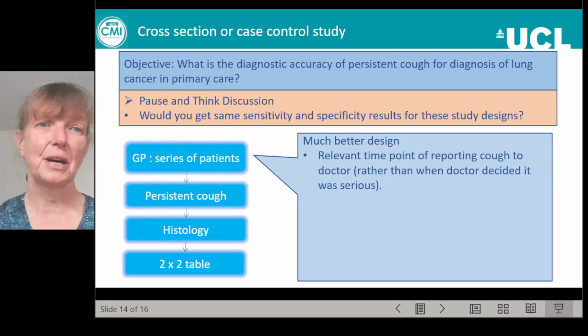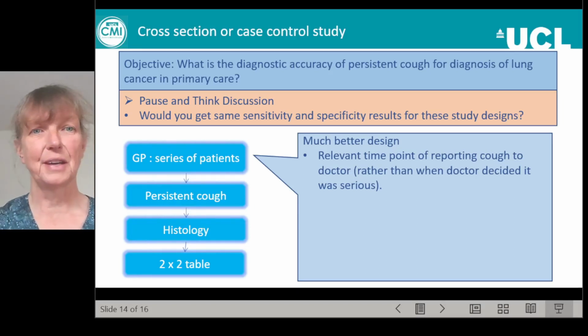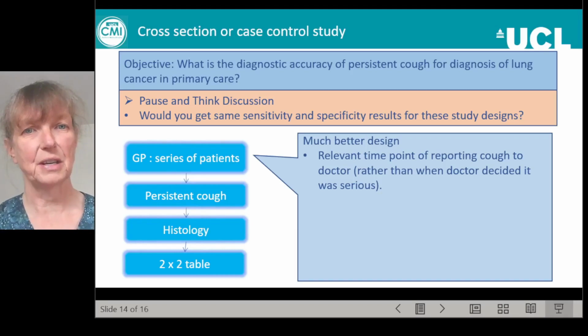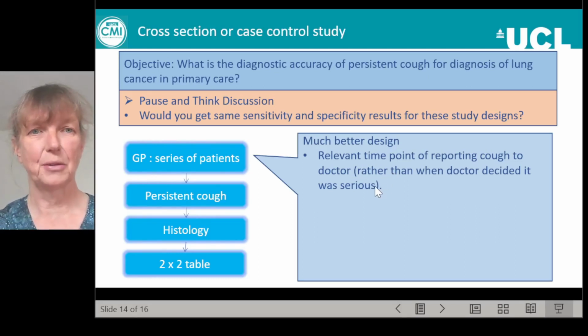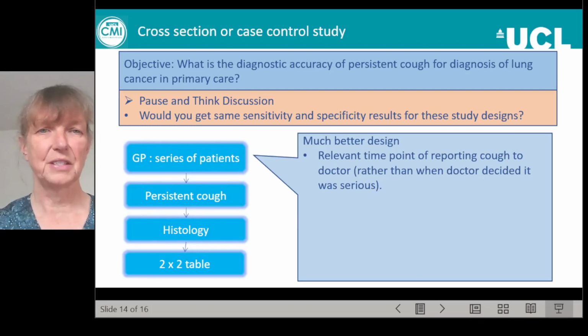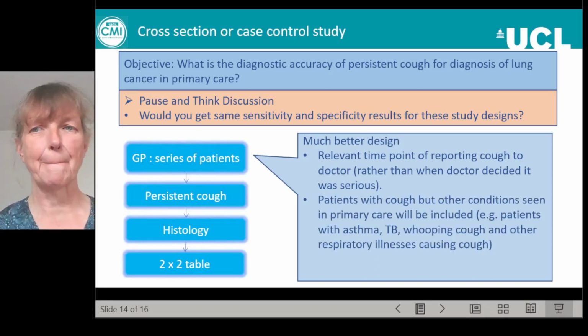And it's also at a time when we didn't know the disease status of the patients at the time the cough is being recorded. We've also missed out on any biases around when the doctor decided to report it and decided it was serious, and they would take that appointment. So we've reduced the number of biases there might be in the data.